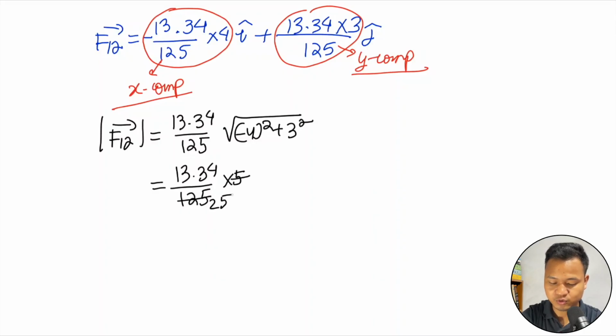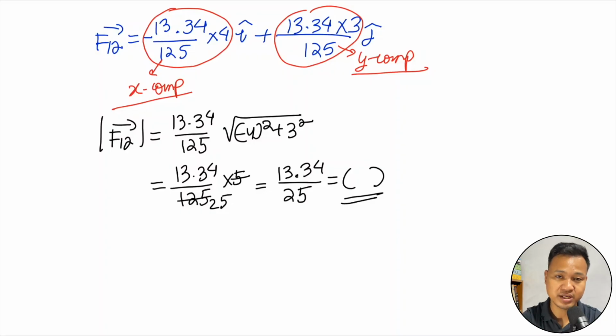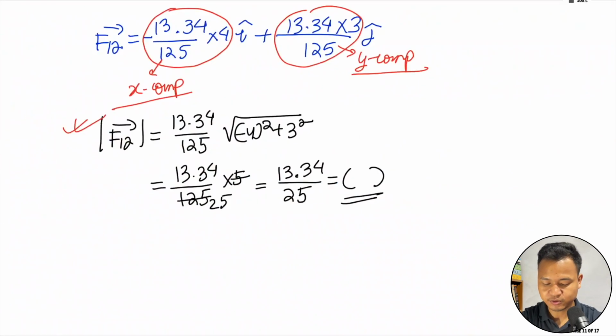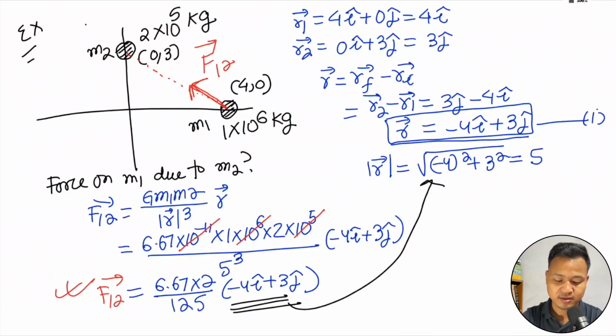So 5 into 25, so 13.34 divided by 25. Whatever value you have here is the actual magnitude of the force. So this one is important. Force on 1 due to 2 is in vector form, and its magnitude is this. That is how you use Newton's law of gravitation.